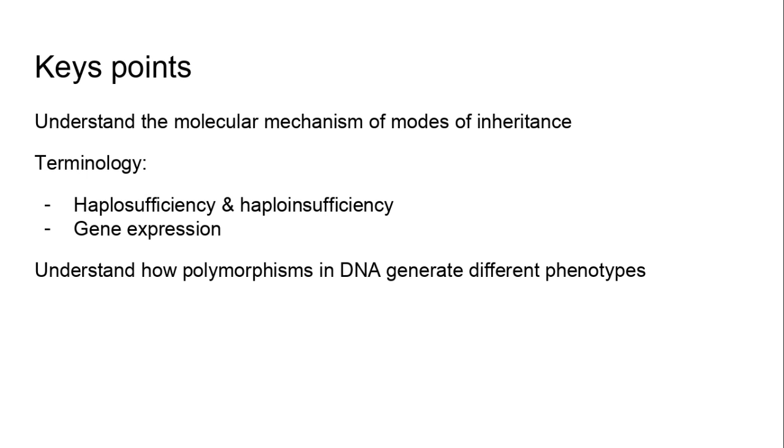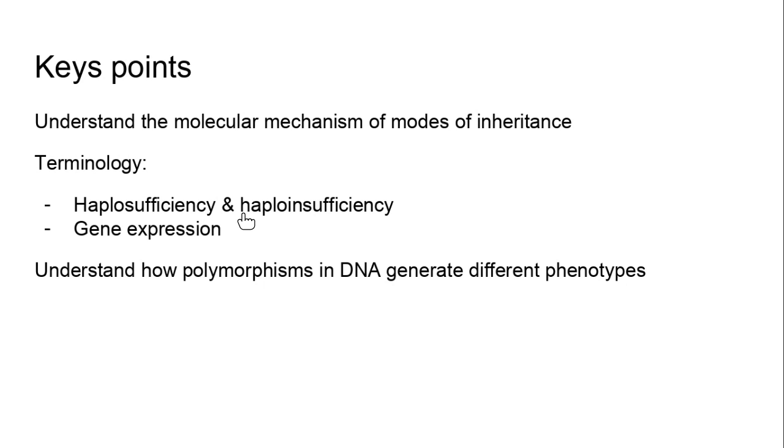So what are we to learn from today's class? Well, you already know which are the modes of inheritance. I want you to know how they come about. And as I'm explaining those things to you, I'm going to throw in this terminology: haplosufficiency and haploinsufficiency. The haplo part is that if having one version of the gene is enough, that's the sufficiency.